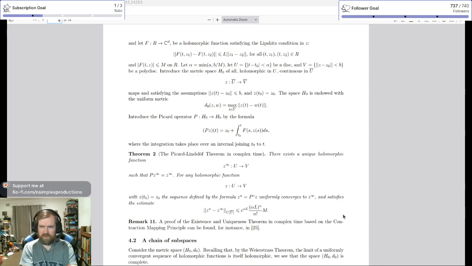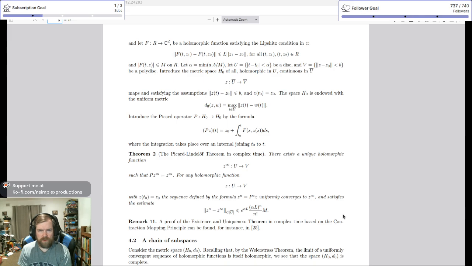The space H0 is endowed with the uniform metric D0 of Z, W equal to the max where t is within U bar of the norm of Z of t minus W of t.